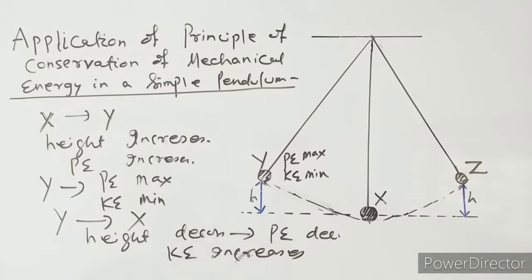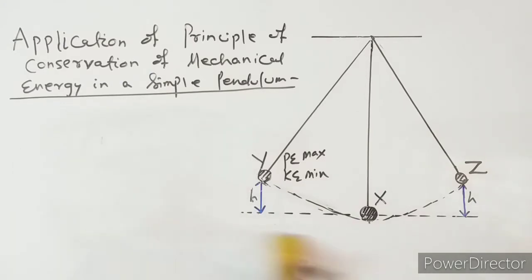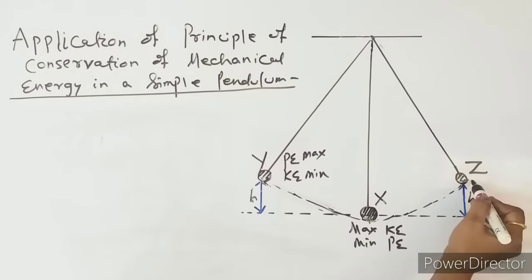So what happens in the mean position? At the mean position, the body has maximum kinetic energy and minimum potential energy. One thing you remember, as it has this maximum kinetic energy, due to its velocity, the body moves from the mean position to the other extreme, the z position.